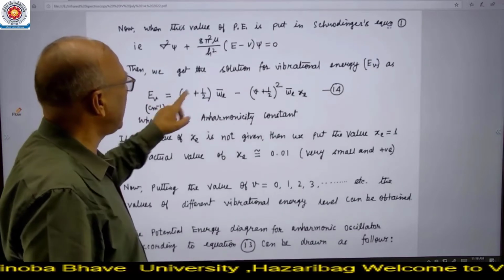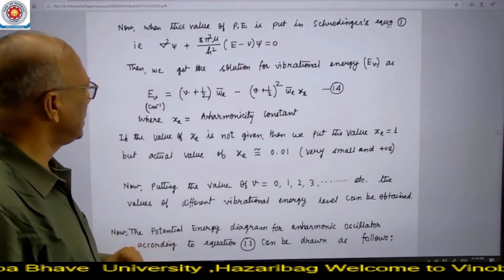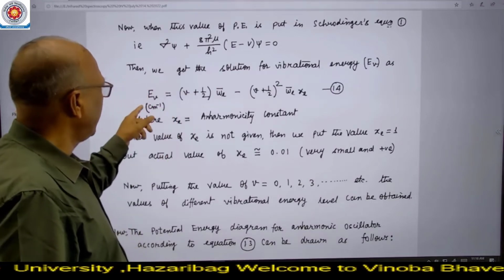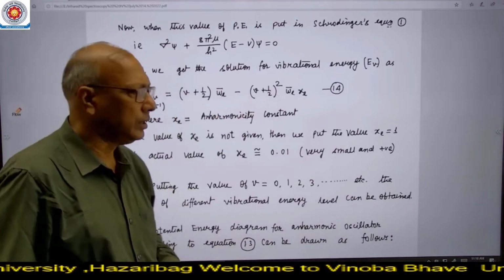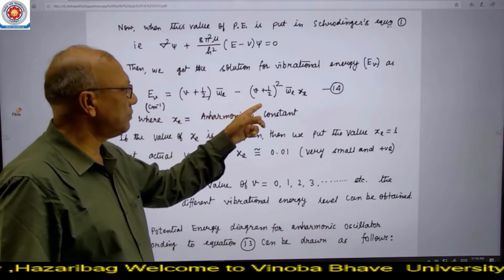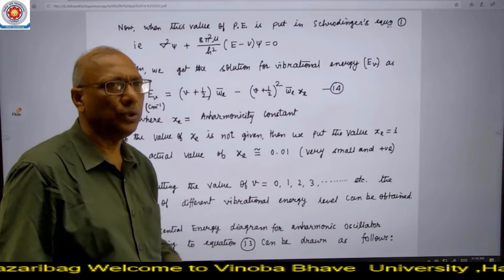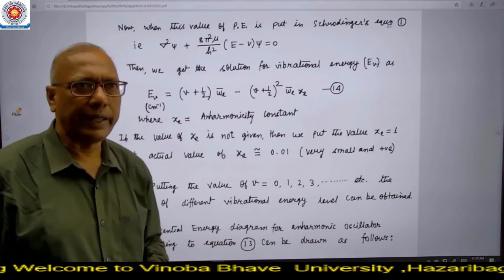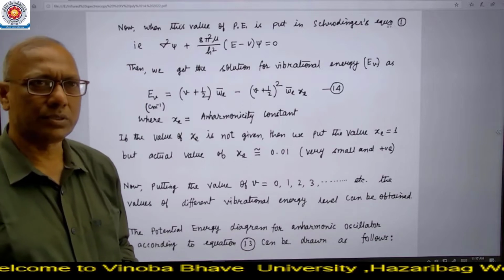And when this value of potential energy is put, we get the solution for energy according to equation 14, that is V plus half omega e bar minus (V plus half) whole square omega e bar xe, where xe is called the anharmonicity constant.